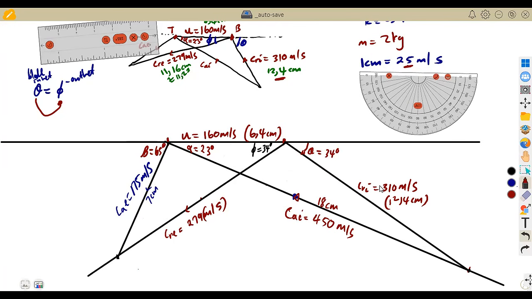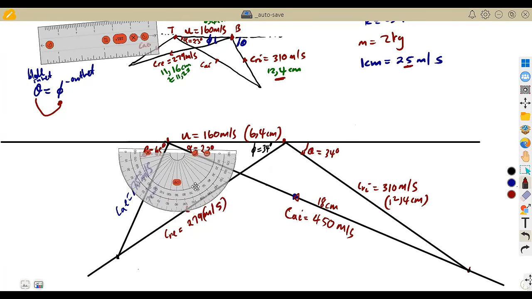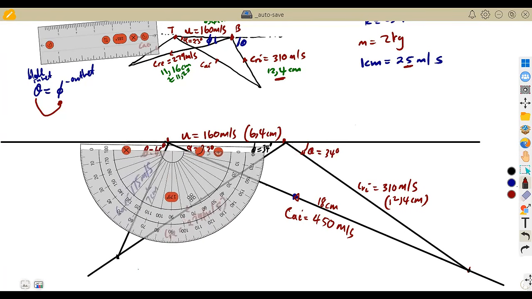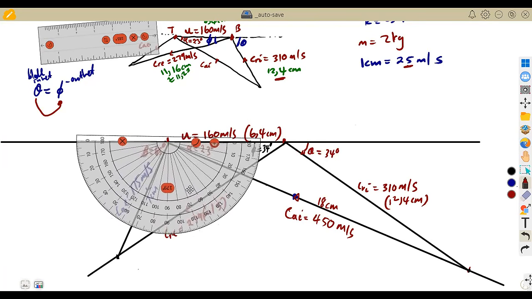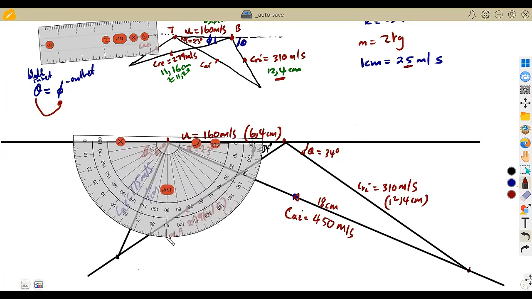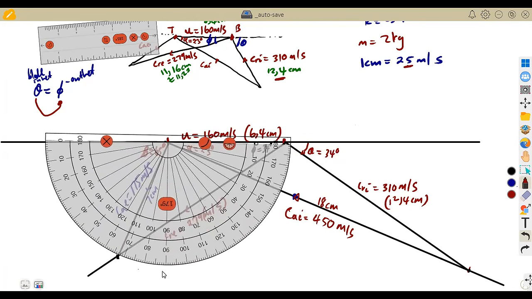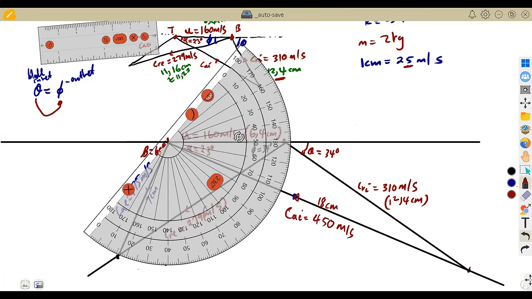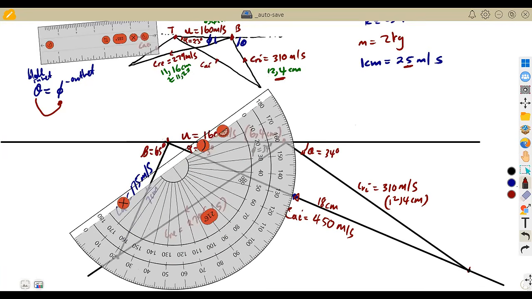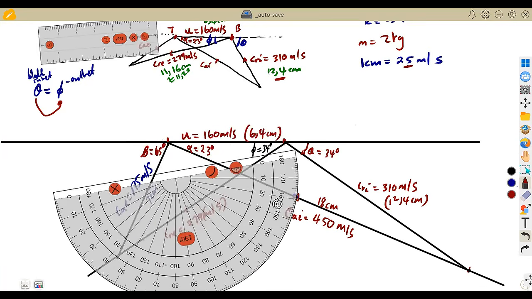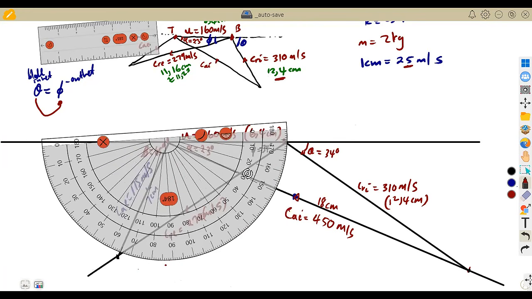I don't know what you're obtaining there. Let me know. All right, so constructing at an angle of 90 degrees from this point, we are going to construct at an angle of 90 degrees so that we obtain our velocities at the end. So at 90 degrees here, let me extend from this point. We do the same to these points again, back to 90 degrees.